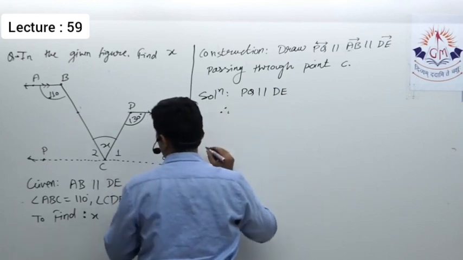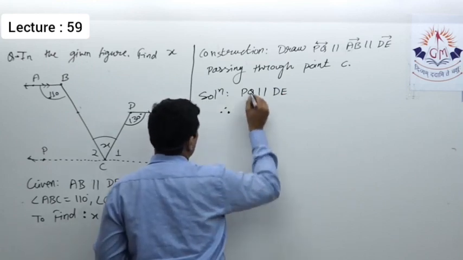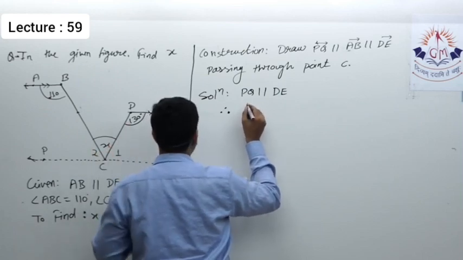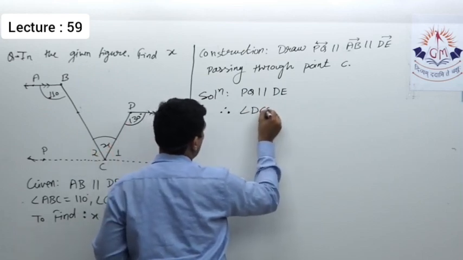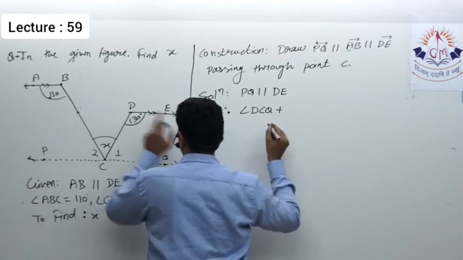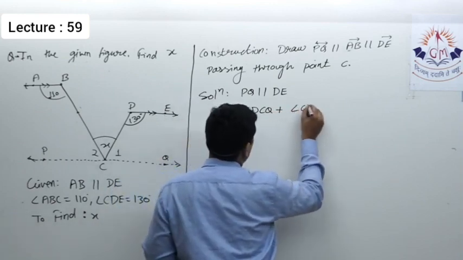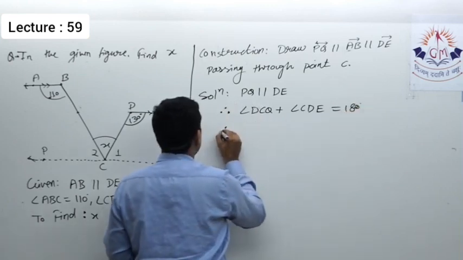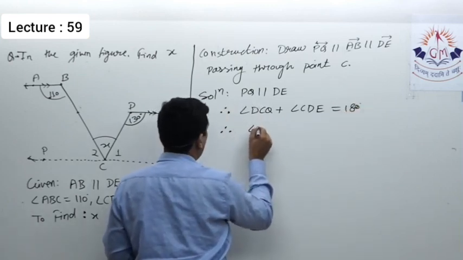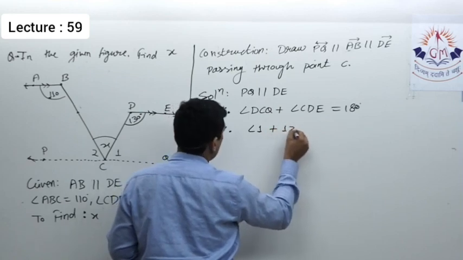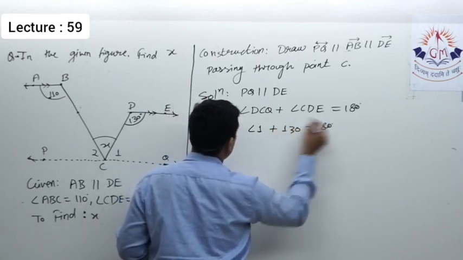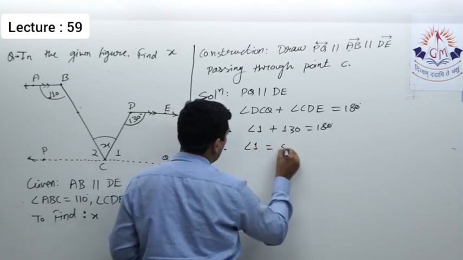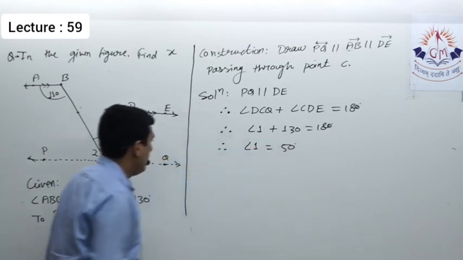Therefore, as PQ is parallel to DE, angle DCQ plus angle CDE is equal to 180 degrees. Therefore, angle 1 plus 130 is equal to 180 degrees, and hence I get the measure of angle 1, that is 50 degrees.